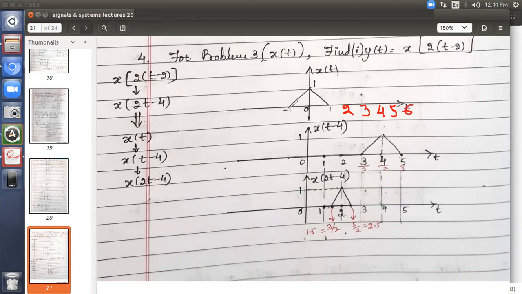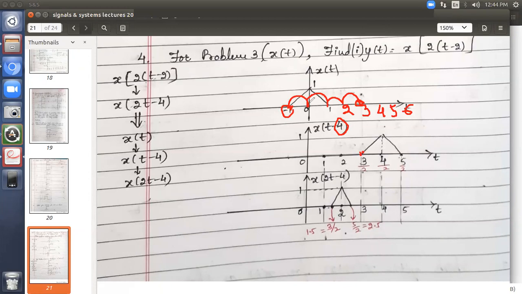Let me start from this end. How many amounts? 4 amounts we have to shift. 1, 2, 3, 4. So at 3, this point will be there.